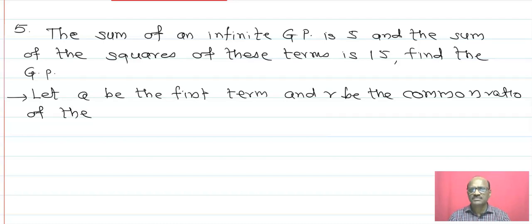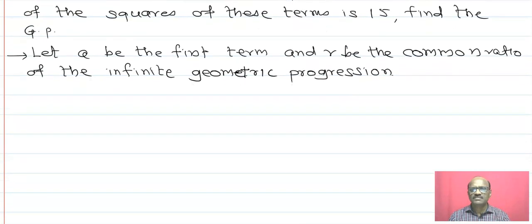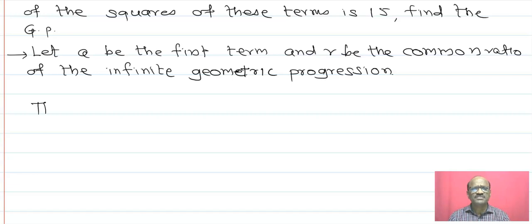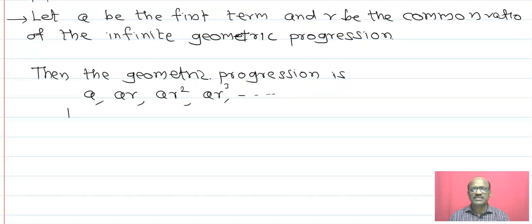Therefore, the terms of the infinite geometric progression are a, ar, ar square, ar cube, and so on for the next terms.